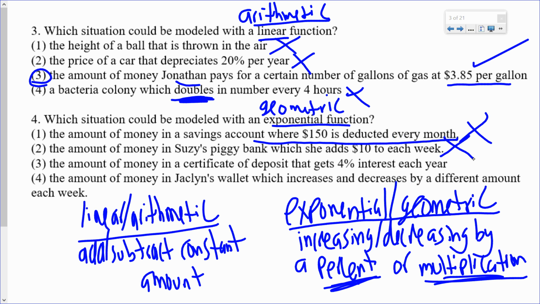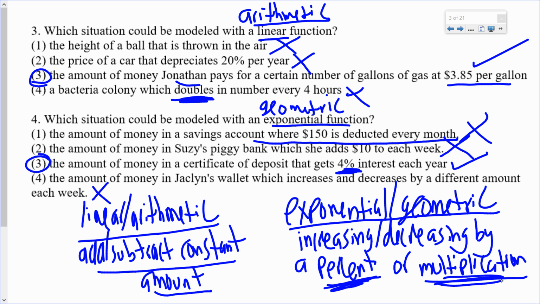The amount of money in a certificate of deposit that gets 4% interest, percent is exponential, is geometric. The amount of money in Jacqueline's wallet, which increases and decreases by a different amount each week, it's not increasing or decreasing by a constant amount, so that is neither linear nor exponential. Choice 3 would be exponential. So, linear is when you're adding or subtracting a constant amount. Exponential is where it's a percent or multiplication.